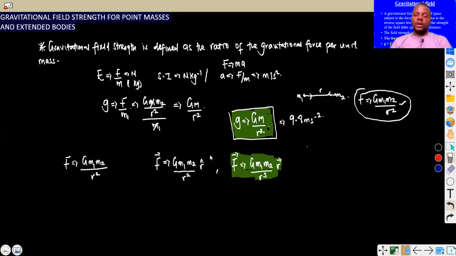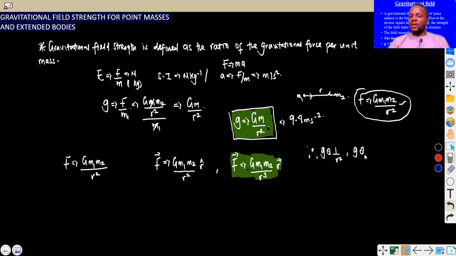From the relationship, we can conclude that G is inversely proportional to the square of the radius and directly proportional to the masses. So if you are traveling from one point to another around the surface of the earth, you can directly say that G is inversely proportional to R squared.